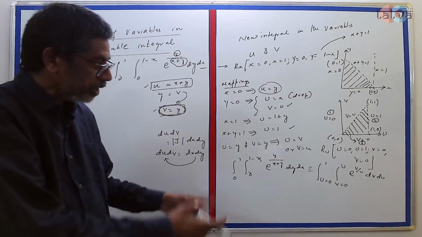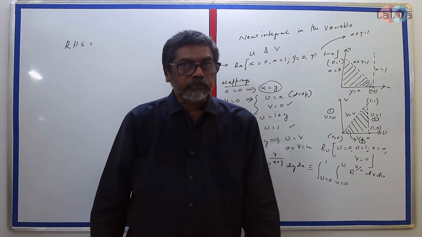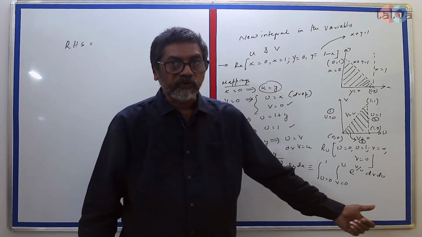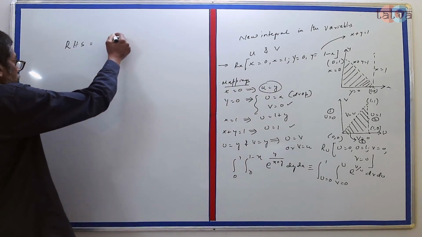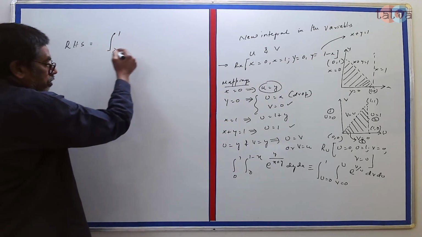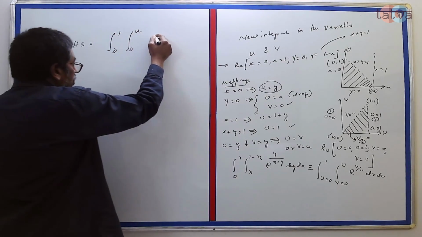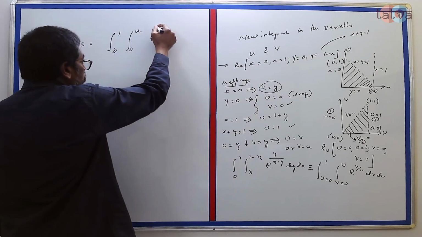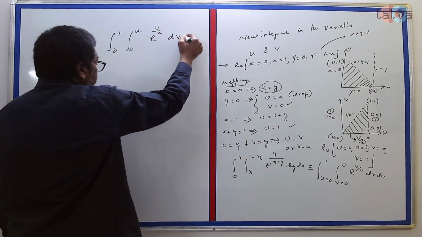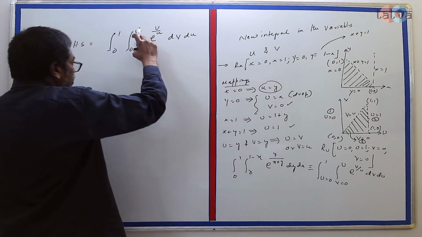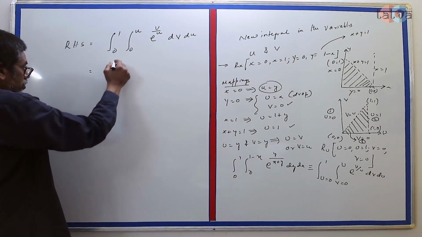And let me show you that. It's a very simple one, but some of you may get confused. Let me copy the right hand side for you and then evaluate. Integral 0 to 1, integral 0 to u, e raised to v by u, dv du, because these are the limits for v. So don't get scared.